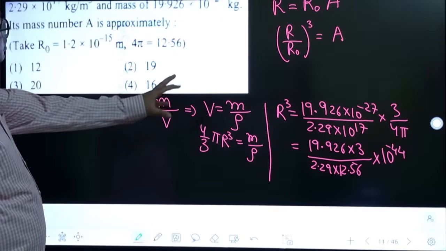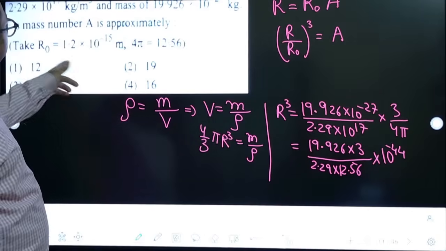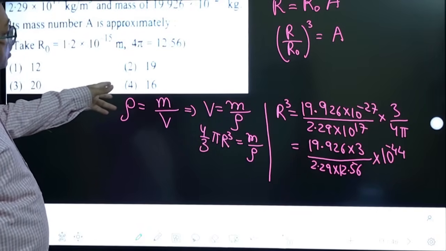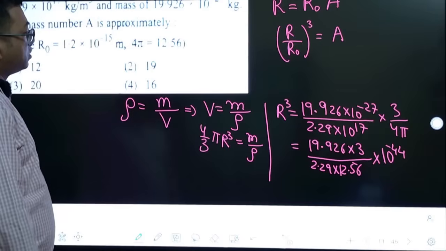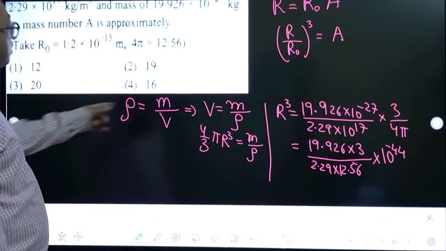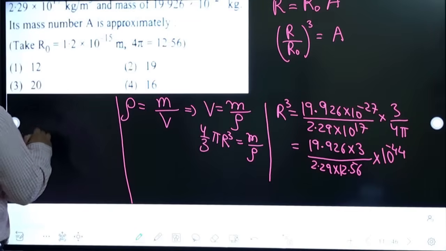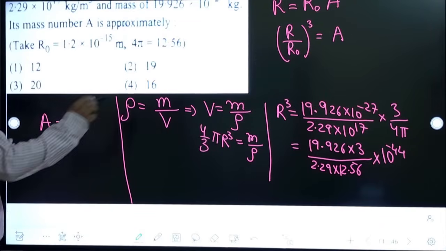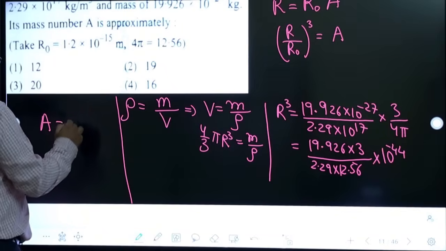Also note that we need to divide this r cube by r naught cube, because A is r cube by r naught cube, correct?